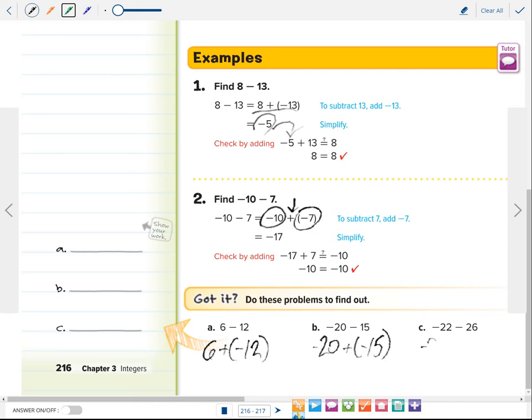This one should be negative 22 plus negative 26. That could work like that as well, but I don't want to demonstrate that because it could confuse a lot of people. And that's not how it was shown in the book necessarily, but if that's the way your brain works, heck yeah.